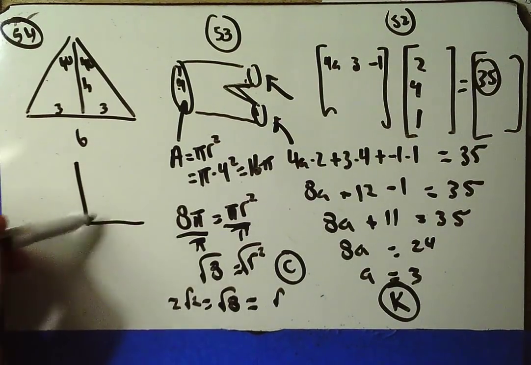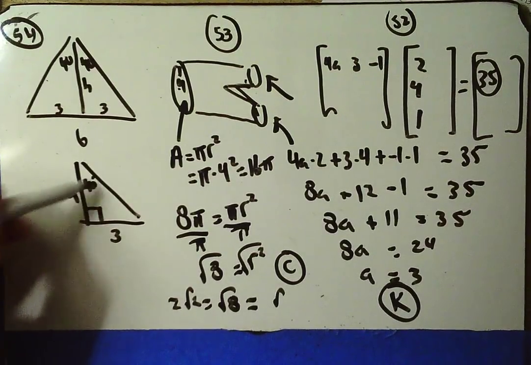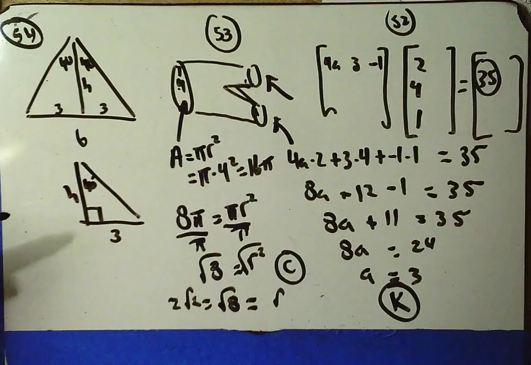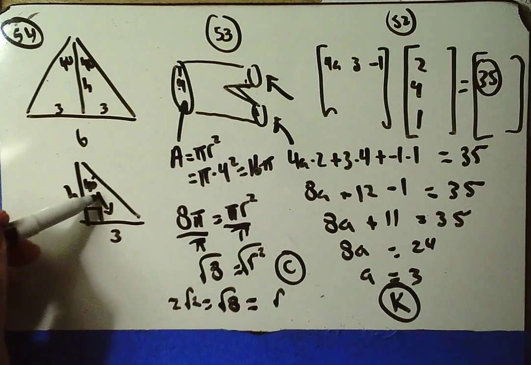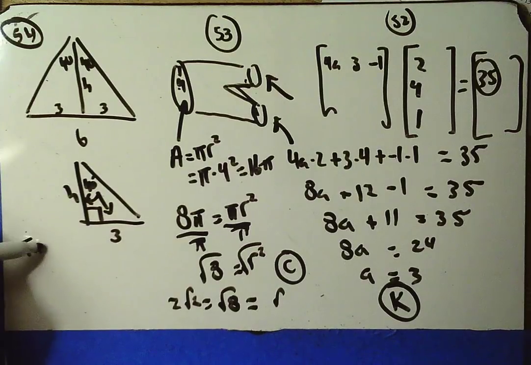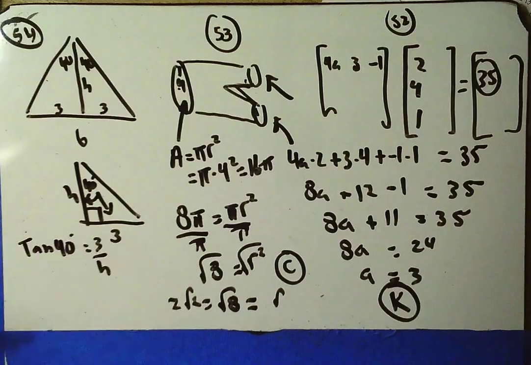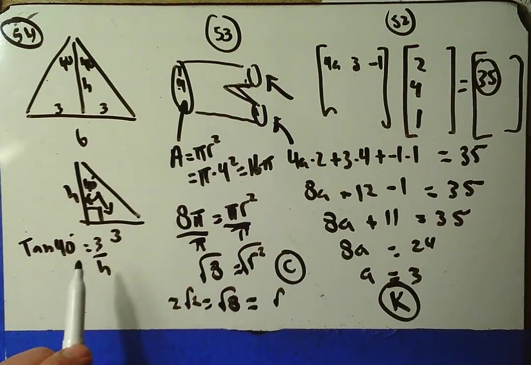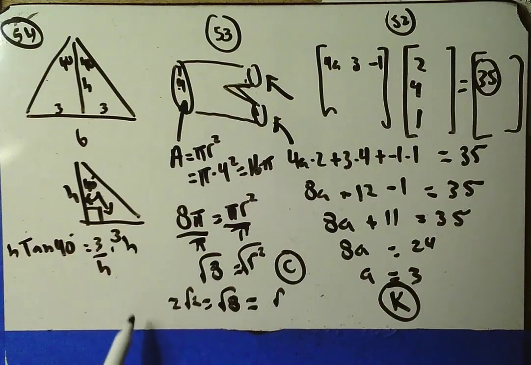Well, if I think just about one of those triangles, 3, h, 40 degrees, which trig ratio uses opposite and adjacent? Well, we said earlier the tangent used opposite and adjacent. And I want to know what h equals, so I want to solve this equation for h. I'll multiply both sides by h.